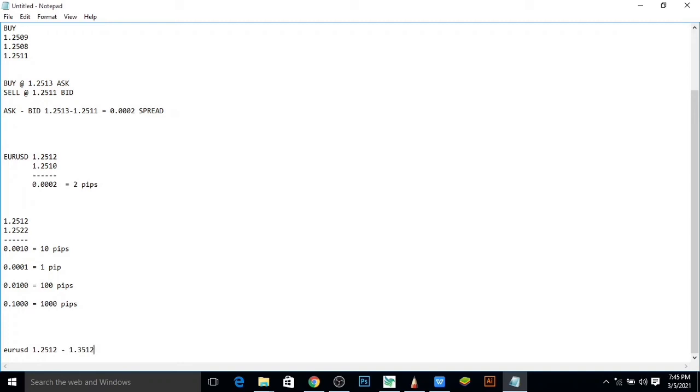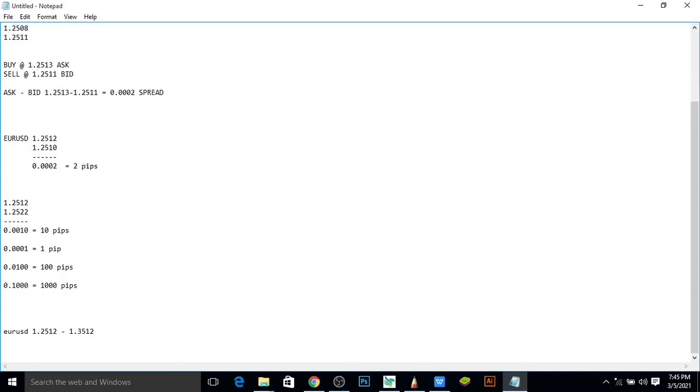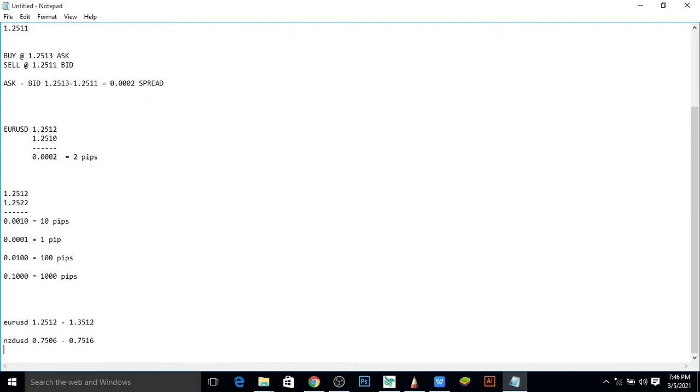How many pips movement do you think that will be? The price of kiwi dollar moves from 0.7506 to 0.7516. How many pips movement do you think that would be, right?